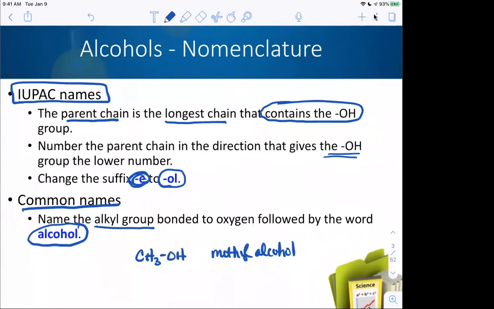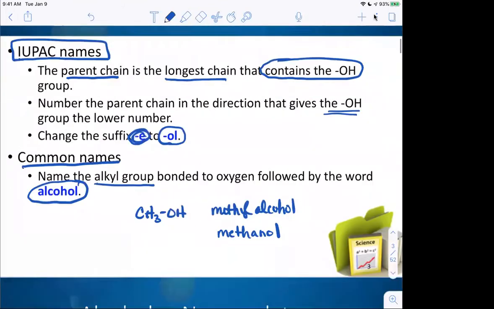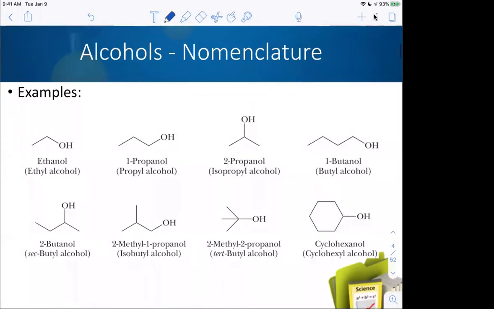And in the IUPAC, it would be methanol. So that would be a difference between the common name and the IUPAC name. And I will tell you that the common names and the alcohol functional group are used very often. So you do have to know a lot of the simpler examples.